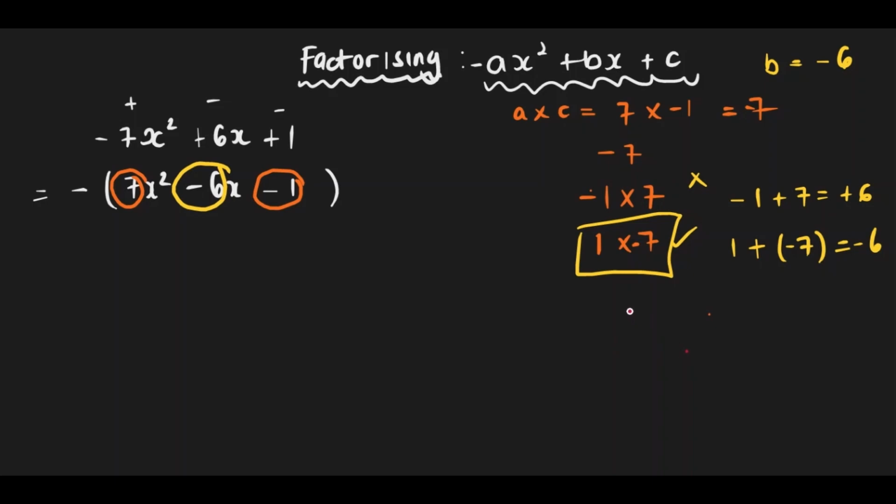Our factors are 1 and -7, and we need to divide both by a, which is 7. So we have 1 divided by 7, and also -7 divided by 7. When we simplify, it's 1 over 7, and this one is -1. So it's -1 over 1, because we always need to write it in fraction form.